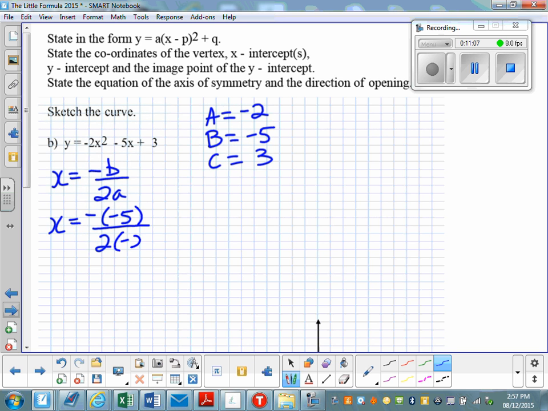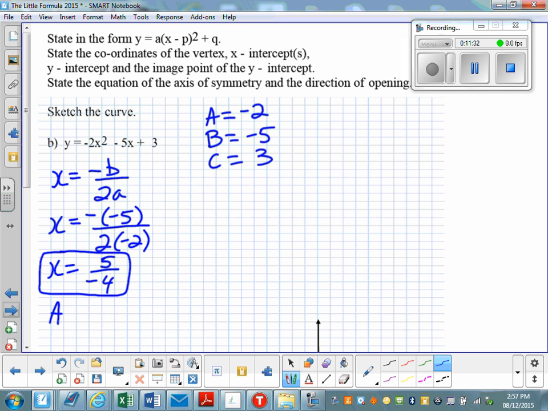And then 2 times -2. So I'm going to get 5 over -4. Okay, so there's my x value.